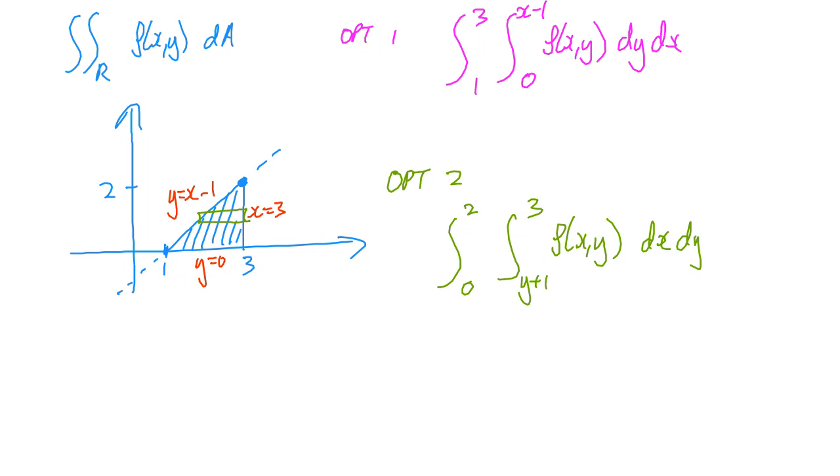But in your homework, just try evaluating this with any function you like. This function could be xy, or it could be 3x plus 5y, or anything you like. Plug it into the first version with those limits and work it out, plug it into the second version with those limits, and you'll get the same number every time.